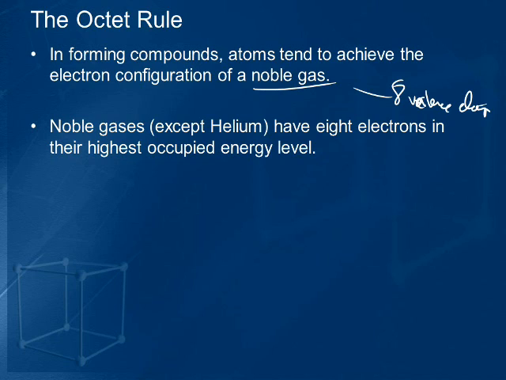But even in that case, the atoms will tend to achieve the electron configuration of a noble gas of 8 electrons or 2 electrons, a filled energy level. So that's the key, noble king. 8 valence electrons, noble gas, or 2 valence electrons, noble gas, helium. And again, to reiterate, nobles have 8 electrons.